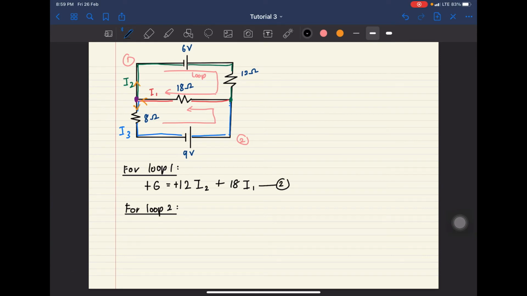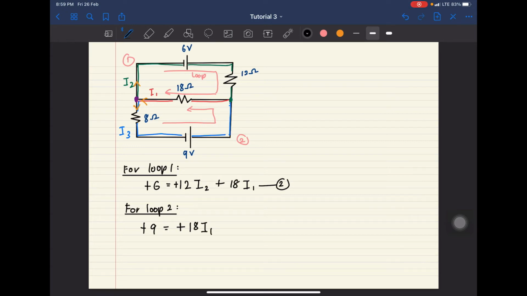My third equation will come from the second loop. Again, I'm going to start from the EMF here, so it's coming out from the positive terminal, so it will be positive 9 equals to, you have two resistors here and here, so the first one will be positive because current to the left, loop direction to the left as well, so it will be positive 18 I1, red color I1.